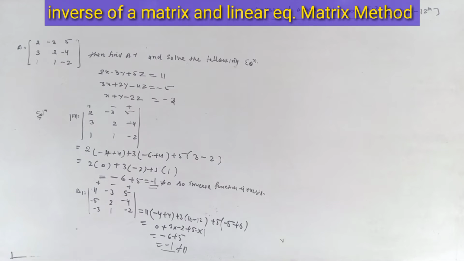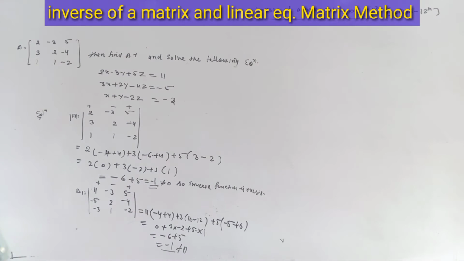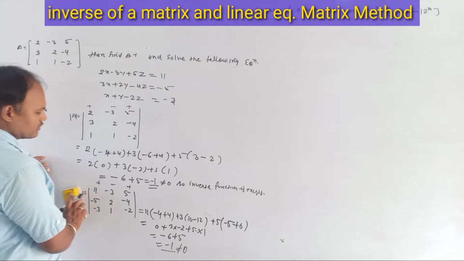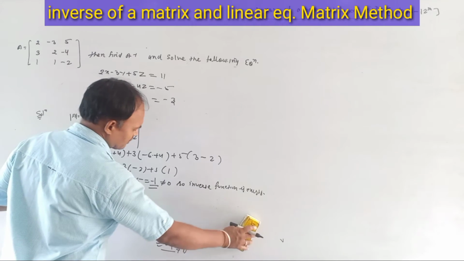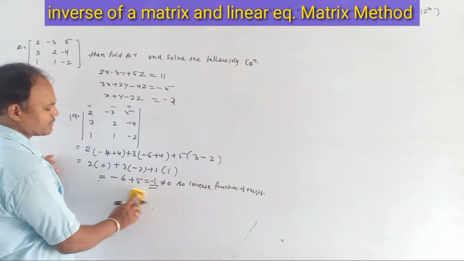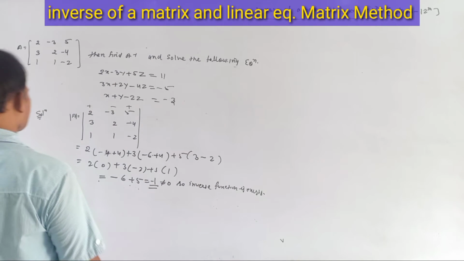Whichever you think you can apply here, it's not a problem. But when we have to find A inverse, we are going to solve it by the matrix method. We are not going to apply Cramer's rule because we have to find A inverse also. So it's not a problem.